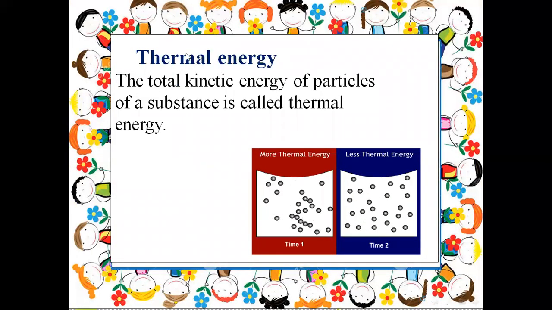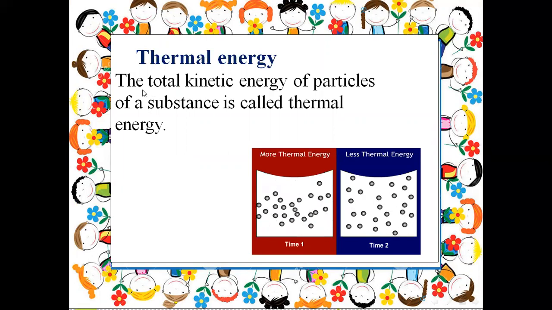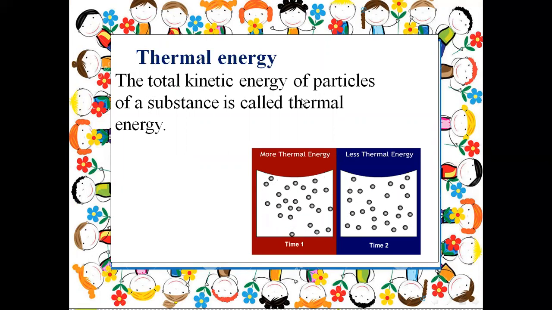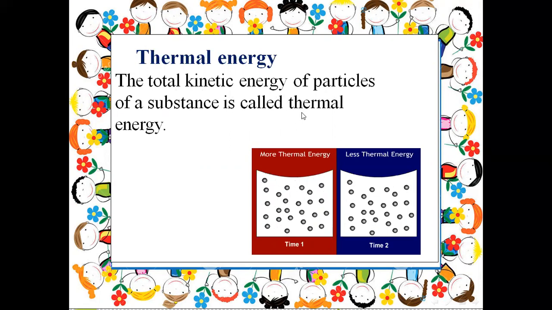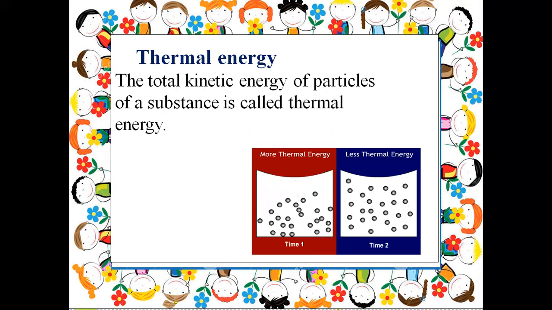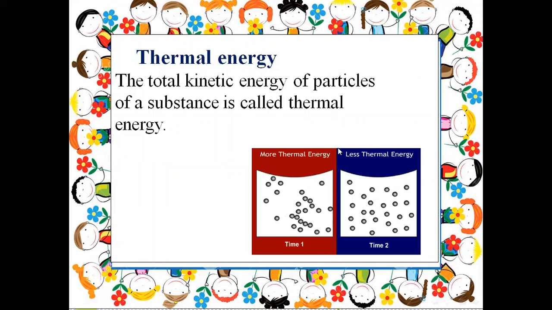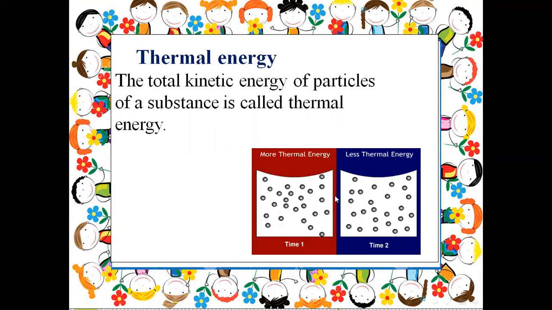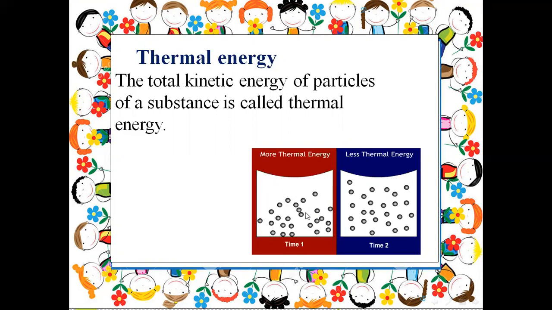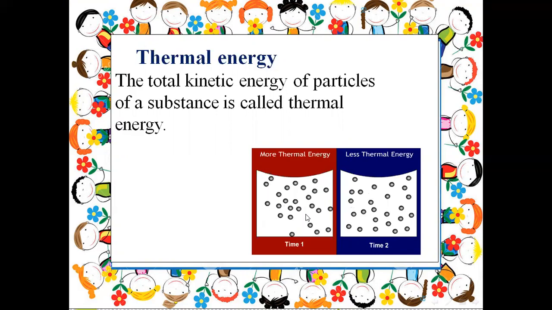Number 3, thermal energy. The total kinetic energy of particles of a substance is called thermal energy. Moving objects have kinetic energy. They have more kinetic energy if they are moving faster and less kinetic energy if they are moving slowly.